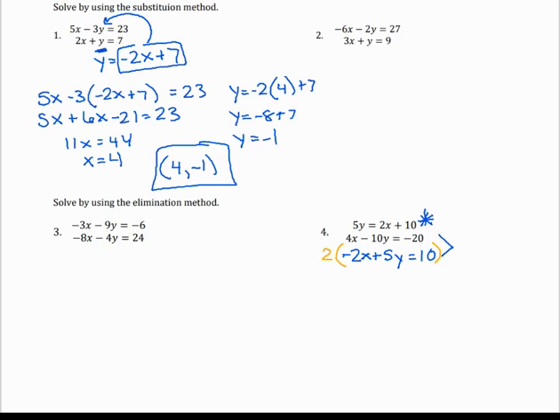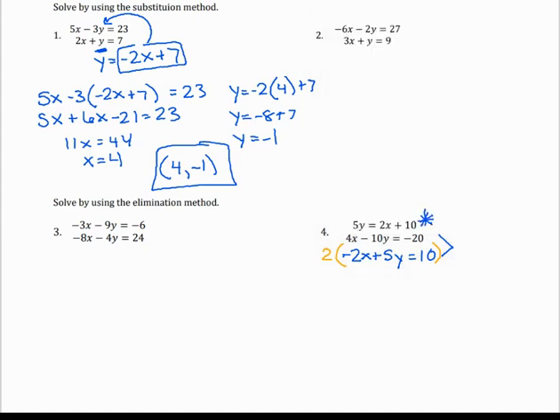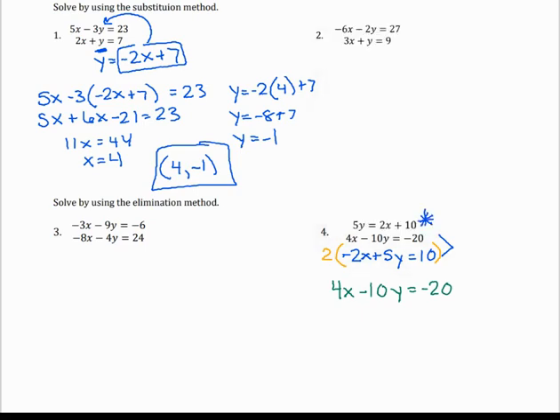That will now give me a positive 4x, a negative 4x, which will eliminate. So I'm going to recopy the original equation of 4x minus 10y equals negative 20. And now I'm going to rewrite that blue equation with distributing the 2. So now I have negative 4x plus 10y equals 20.